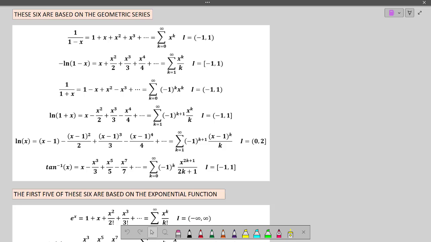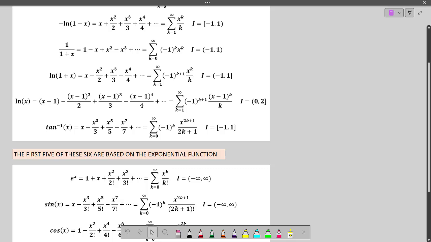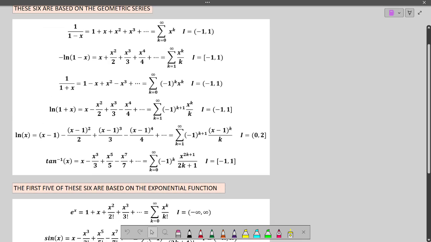This one is just the integral of that. Integrate 1, get x; integrate x, get x squared over 2, etc. The integral of this is just natural log. You don't need the absolute values because the interval of convergence creates a number in here that's greater than 0. If you look at both of these, you might say, oh wait, shouldn't we have an absolute value in here? The answer is no, you don't need it, because the numbers in here don't ever create a negative.